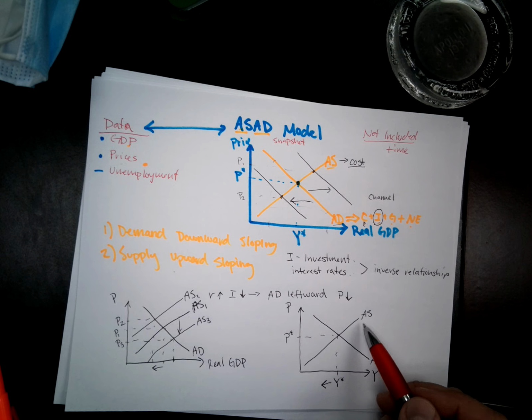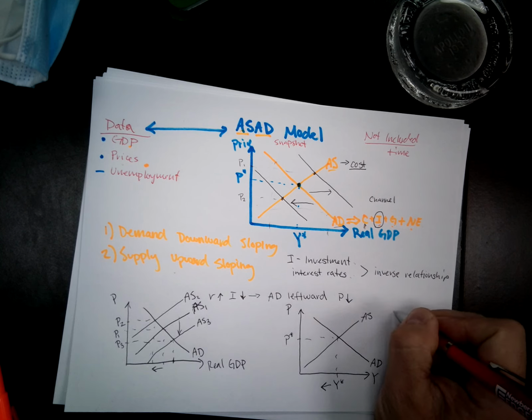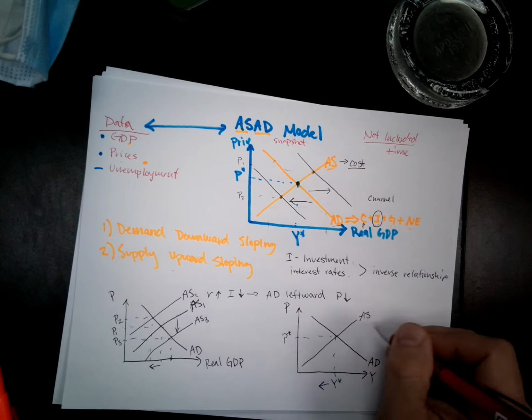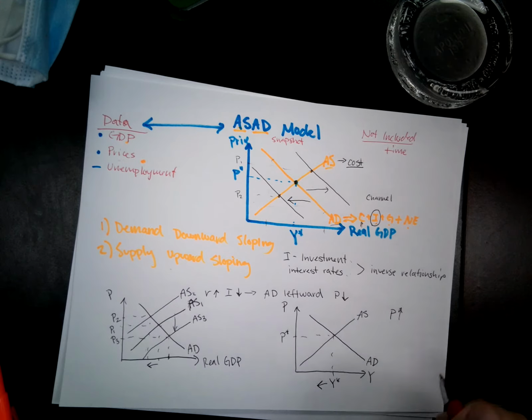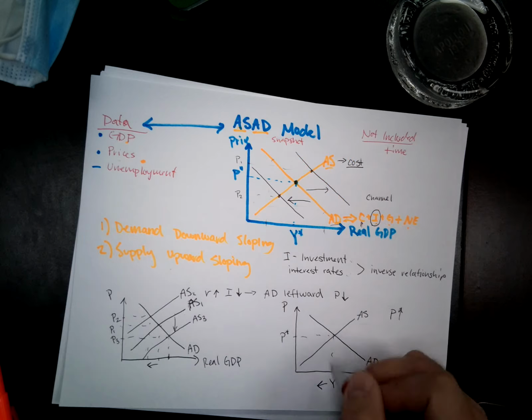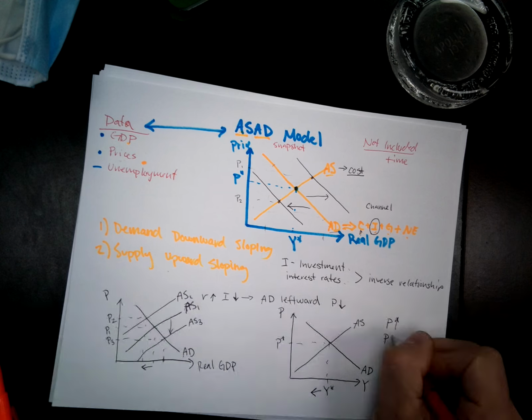There's only one shift that you can make. In one case, what kind of shock or shift would it require for GDP to fall and prices to go up? And what kind of shift would happen, which one of these would have to shift, in order for GDP to fall and prices to go down?